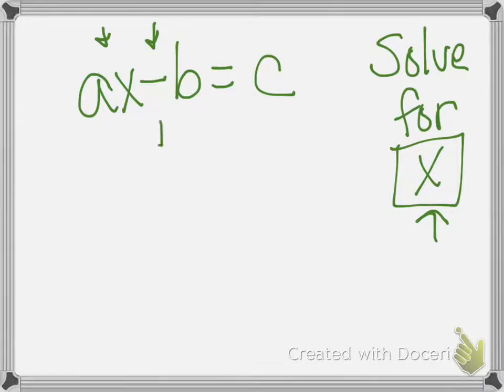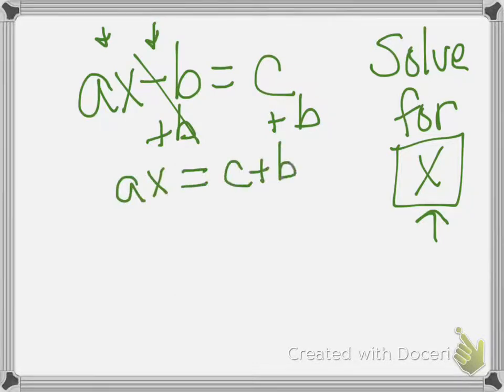So I'm going to add b to both sides. Got to get that b moved away. It's not directly attached to the variable. I have a times x is equal to c plus b. Okay, so now my job here is to get this x by itself. The only thing I have left here is multiplication.